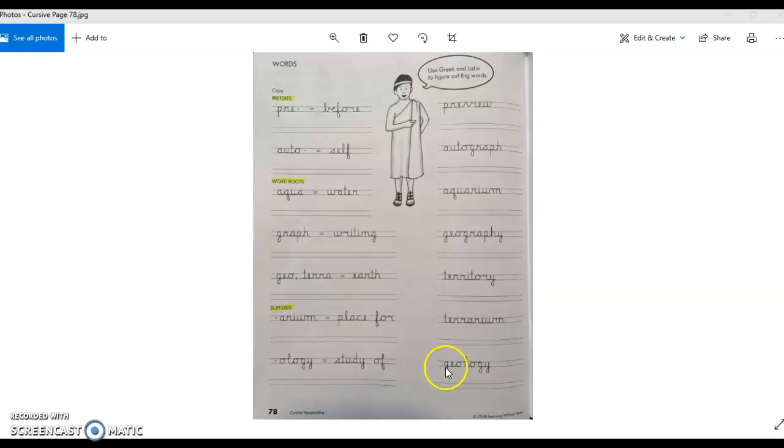And here we've got geo, earth, ology, study of. So the study of earth, geology. Examples of geology would be people who study rocks are called geologists. But there are all kinds of different geologists that study different aspects of Earth.